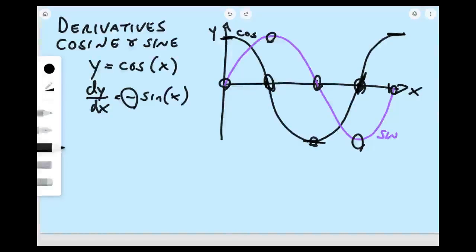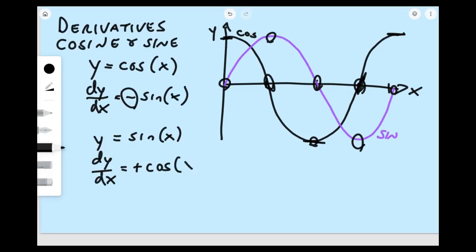And looking at y equals sine x, dy/dx equals positive cosine x. And we can look at that too. At the first location here, the sine curve is sloping upwards at its maximum value. And that's where cosine is positive at its maximum value.